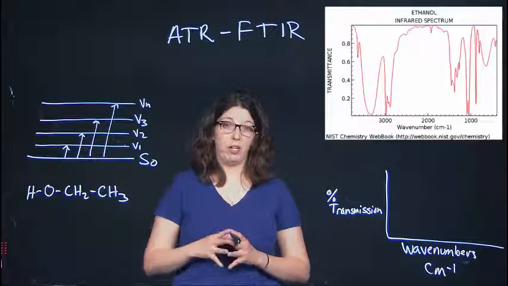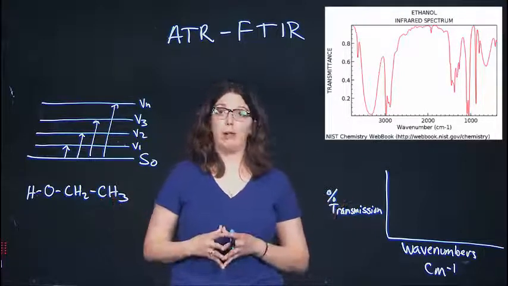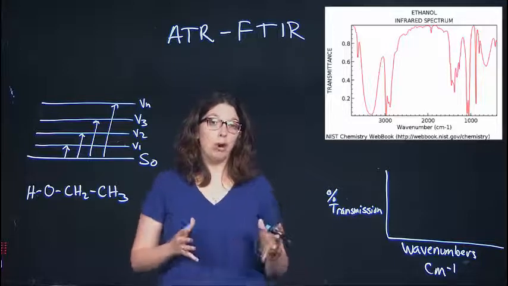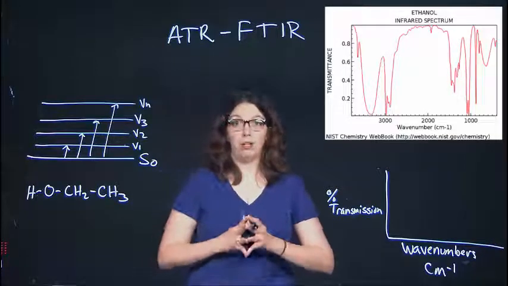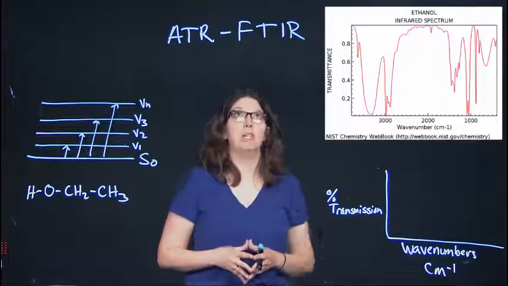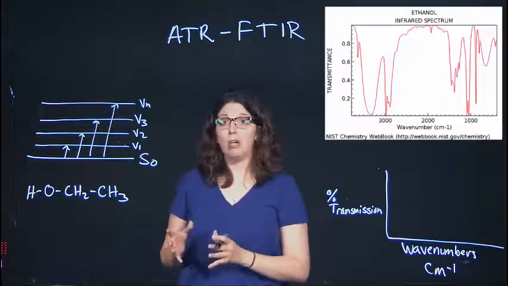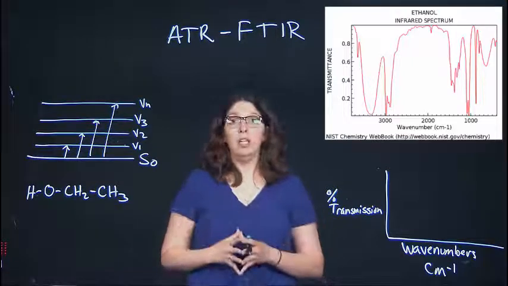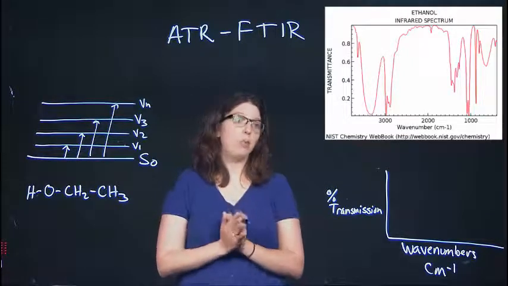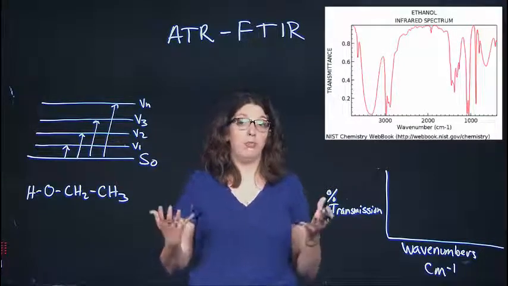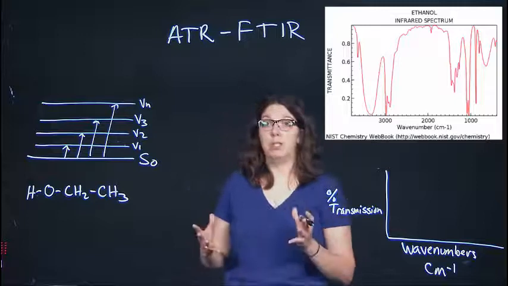This OH stretch has a very strong broad absorbance. Okay, it's going to show up a lot. One of the problems with simple, in quotes, Fourier transform infrared spectroscopy is that water, which has OH stretches, absorbs very strongly. So much so that it's nearly impossible using transmission FTIR to obtain an infrared spectrum in aqueous solutions.